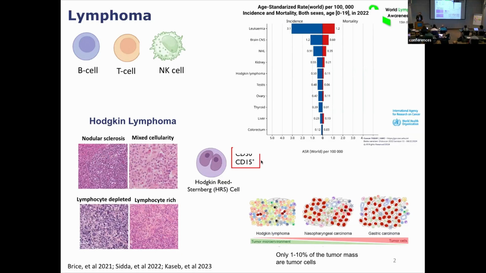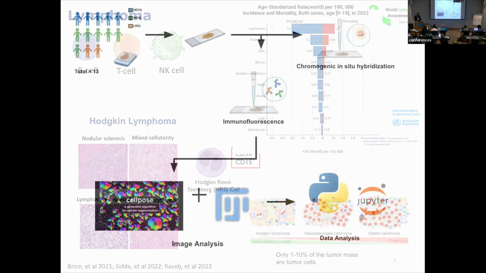What makes the tumor microenvironment in Hodgkin lymphoma unique is that in most cancers the tumor mass is mostly composed of tumor cells, but in Hodgkin lymphoma only 1 to 10% of the tumor mass is tumor cells. So it's important to study the other 90% of the tumor mass, which are immune cells, in order to predict the prognosis of the patient or the treatment response.